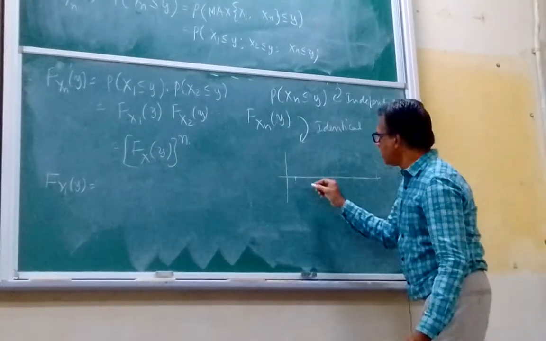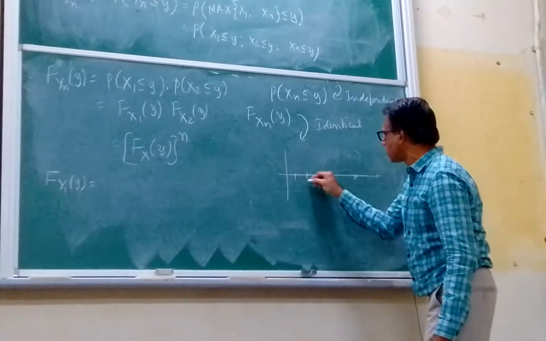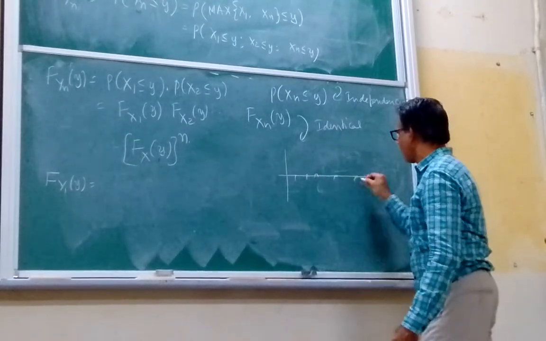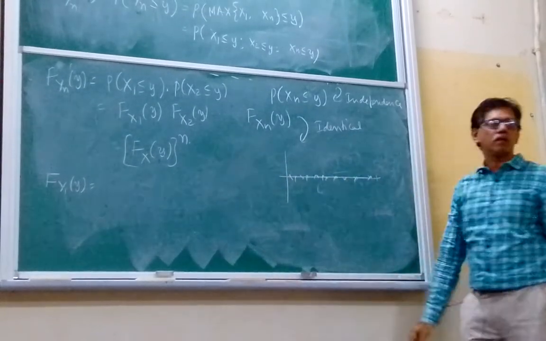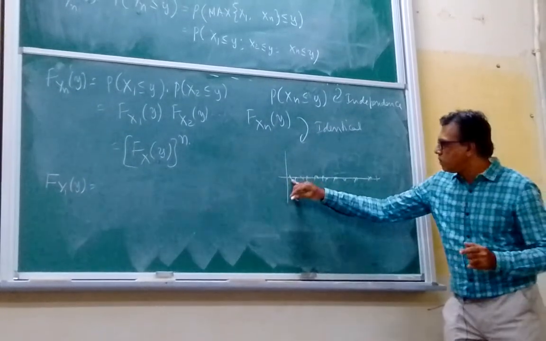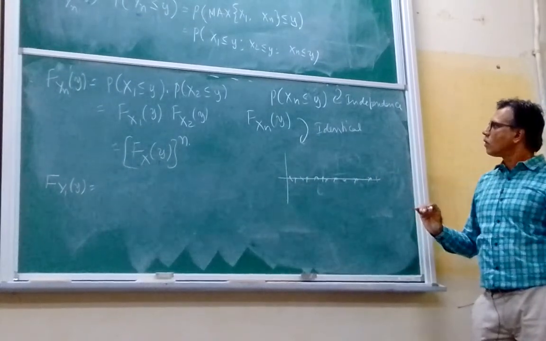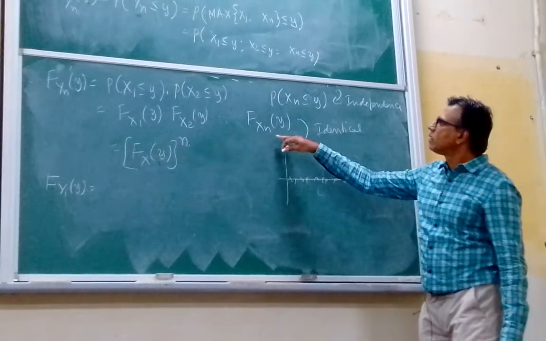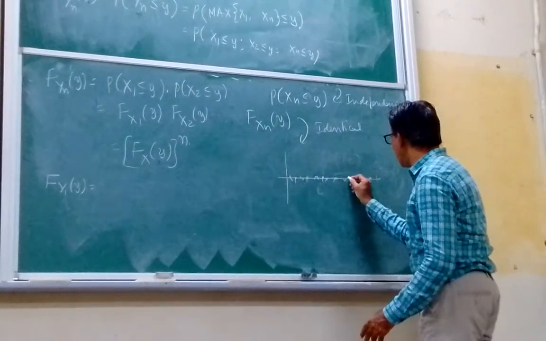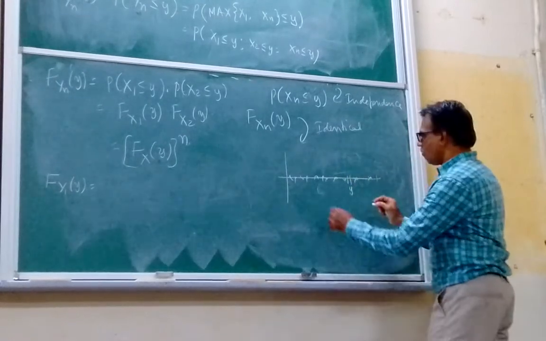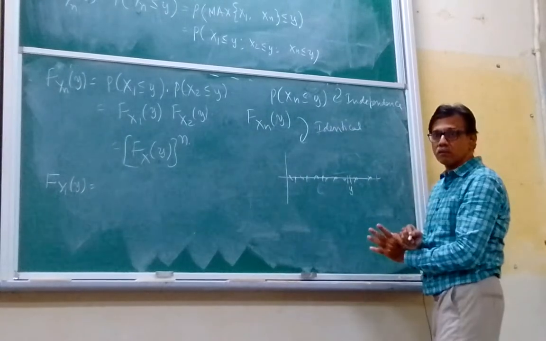So X1 may take a value like this, X2 can be like this, X3, X4, X5. Something like that randomly it occurs. And this will become the minimum, this will become the maximum. This is how it occurs. You are asking, what is the probability that the maximum occurs at a value y? What is the probability that the maximum occurs at y?